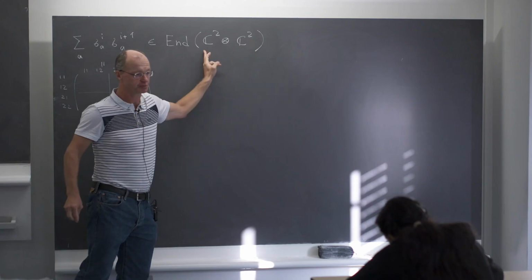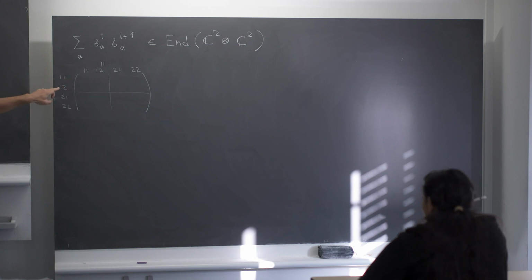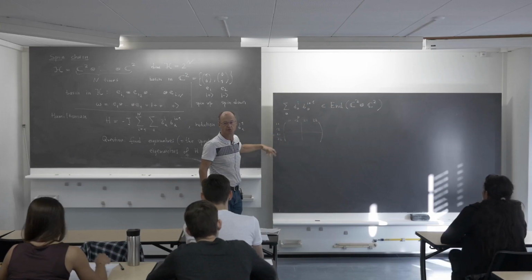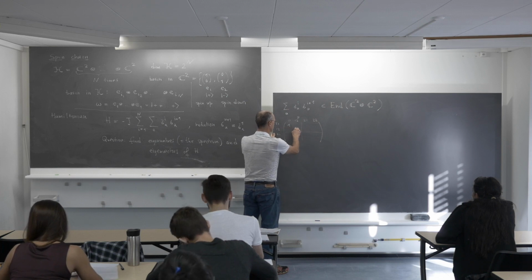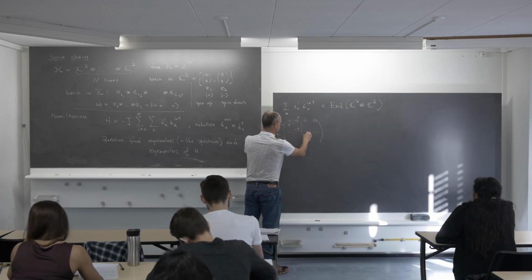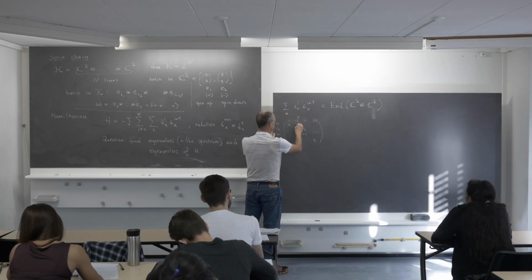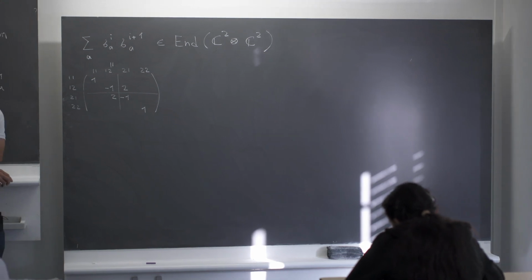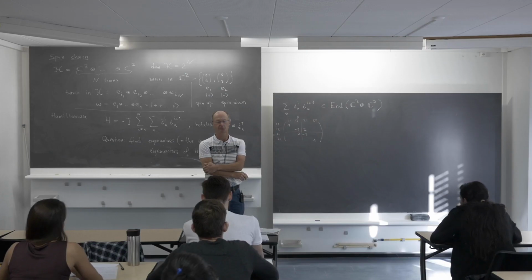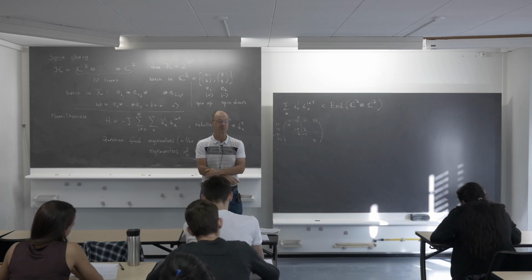So this is a tensor product of two copies of C2, and this is e1 tensor e1, this is e1 tensor e2, and so on. If I'm not mistaken, what we get is something like this, and all the other entries are 0. Is it correct? By now I think you've written it many times at the exercises.